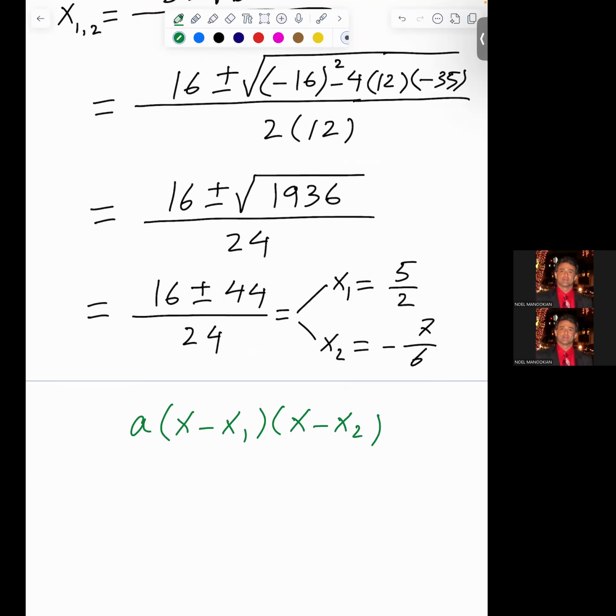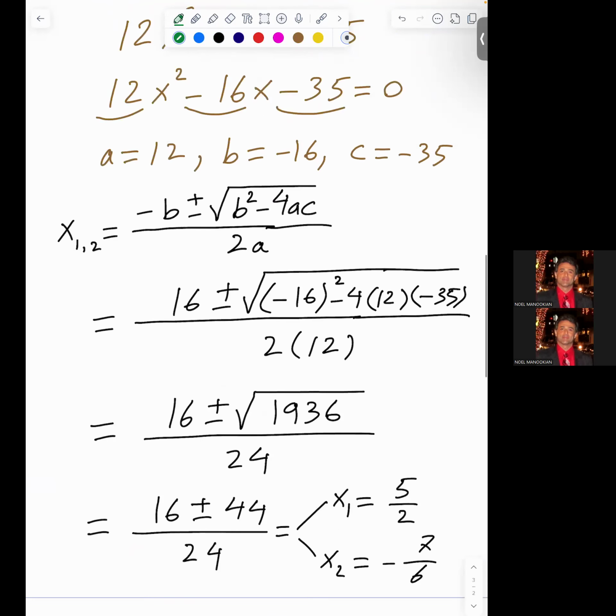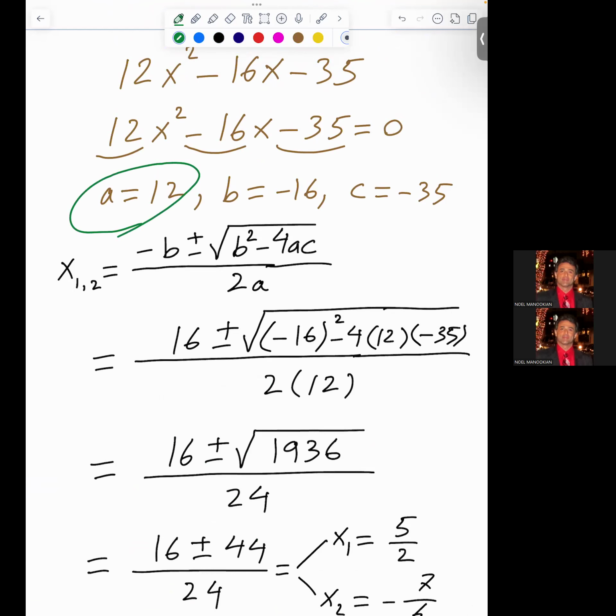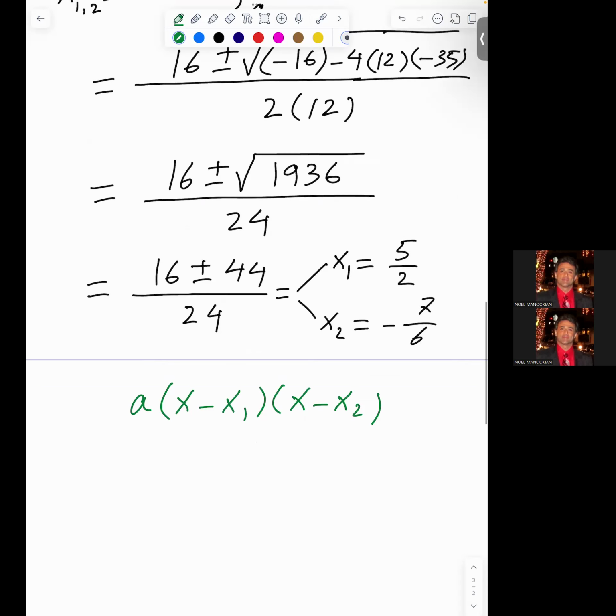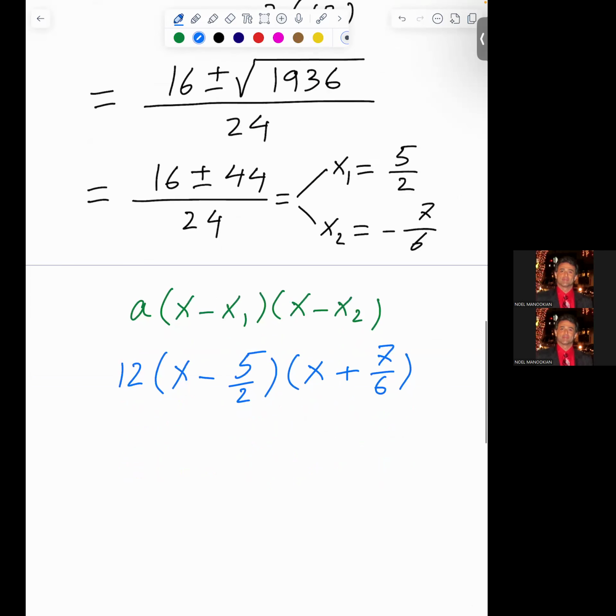Again, a is the coefficient of x squared, which is here 12. So it's 12 times x minus x sub 1, 5 halves, times x minus x sub 2, it's x minus negative 7 over 6, which is x plus 7 over 6.